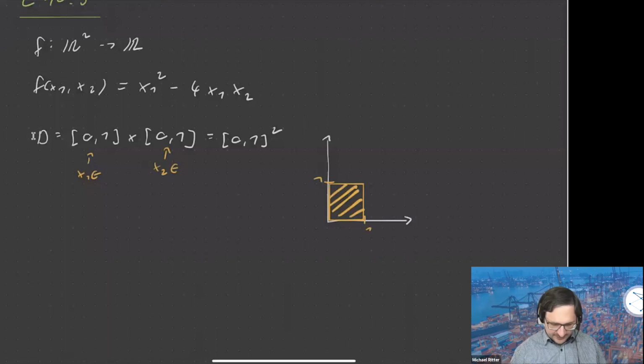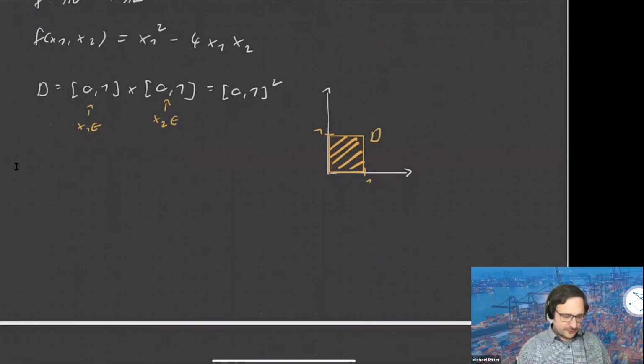This is our domain D, our domain of integration. And we solve the integral. The task is to compute the integral over f of x1, x2, dx1 dx2 over D.